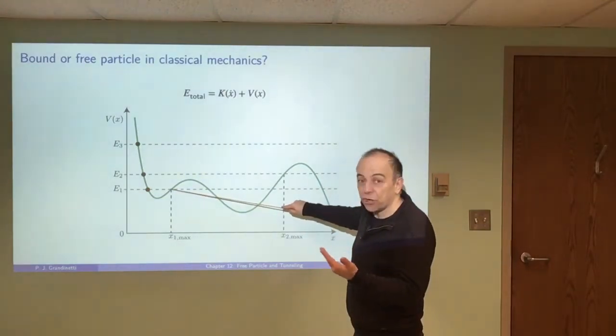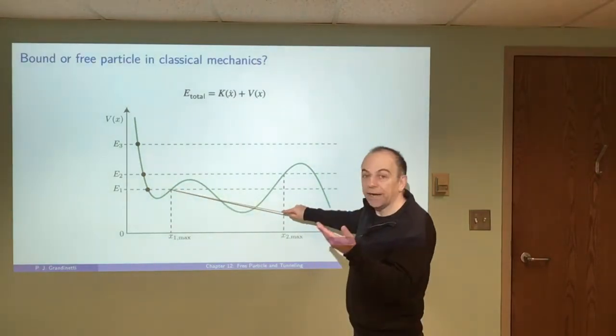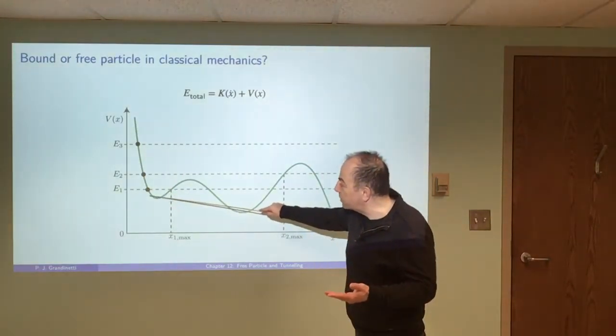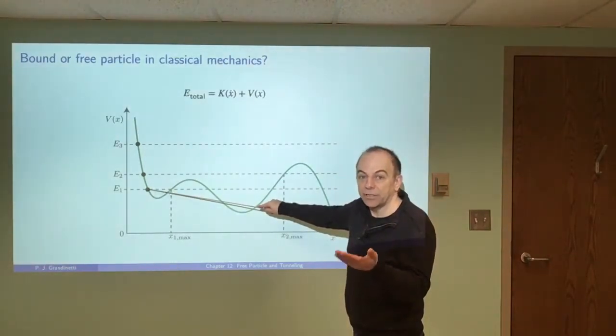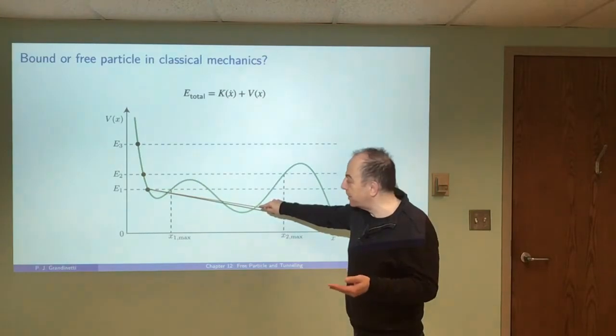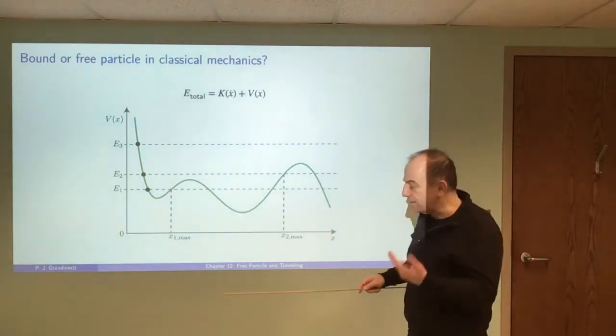At this point, it turns around and goes back the other way. In a sense, it hits a barrier and gets reflected back, and it goes to the other direction where it similarly reaches a turning point where all of its total energy is in potential energy, and then it goes back and forth like this as a function of time.